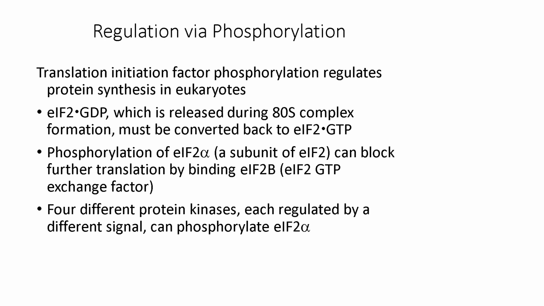However, phosphorylation of eIF2 alpha blocks this exchange by sequestering eIF2B, the GTP exchange factor. 4 protein kinases, each responsive to different cellular stresses, can phosphorylate eIF2 alpha. This mechanism allows cells to modulate protein synthesis in response to environmental cues such as stress, nutrient availability, or viral infection.